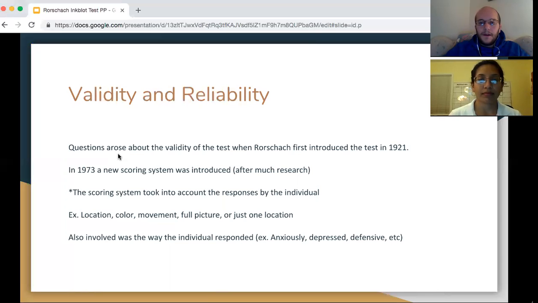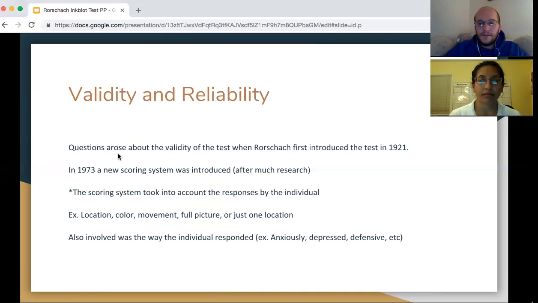So these are just some of the variables that were defined, and so this led to the test increasing in its reliability and validity.